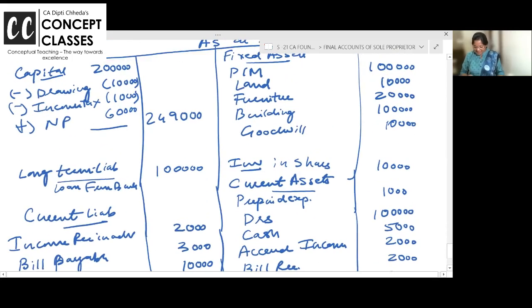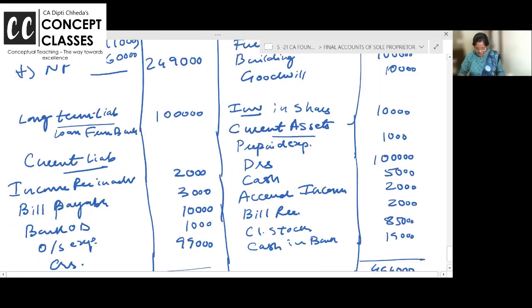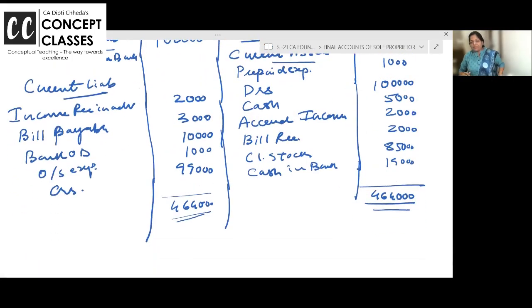4,64,000. Anyone in the class who has not completed, check from the screen. Balance sheet total you should write same in the exam on both the sides. Worst case, as a teacher, I should not say, but honestly, I'm saying one thing. Sometimes it so happens we are confident that asset side total is correct, but liability side is not tallying, and we are running short of time.